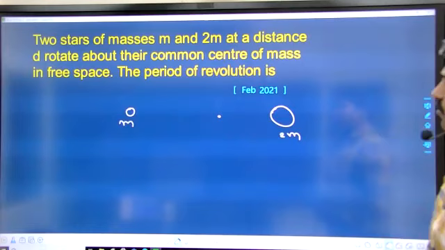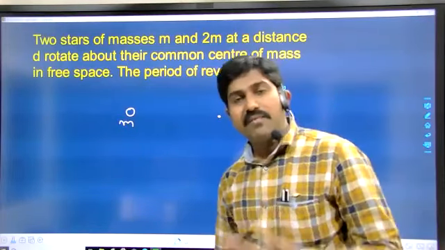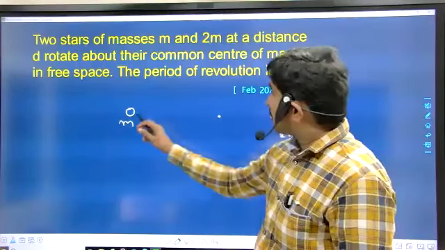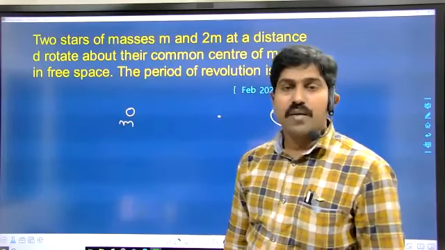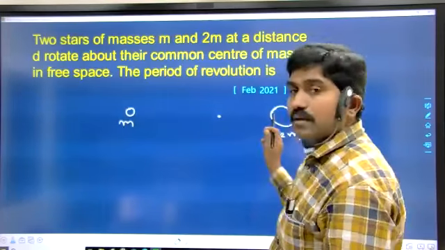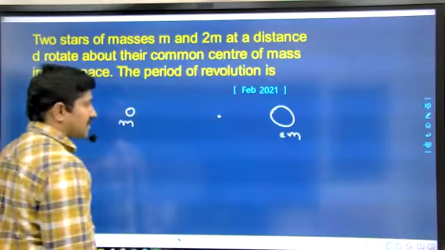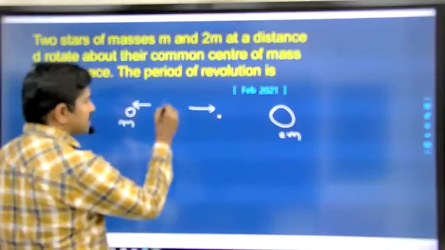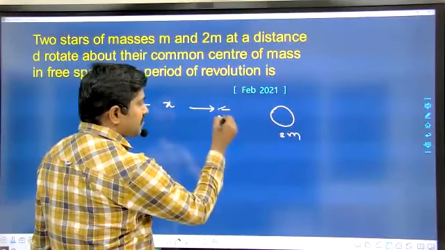See here, two masses are taken, m and 2m. In all the previous cases, the two masses were the same, but the difference in this question is that the masses are different. Total distance is d. Let the center of mass be at a distance x from the small mass m. Then where is the center of mass from the second one?